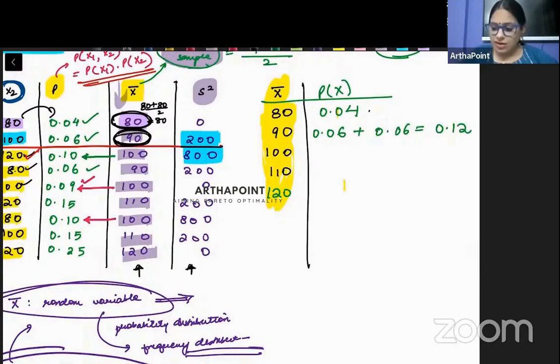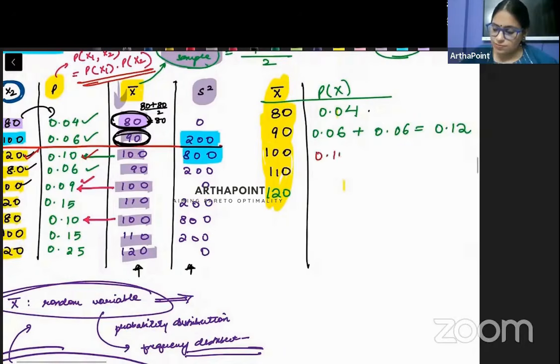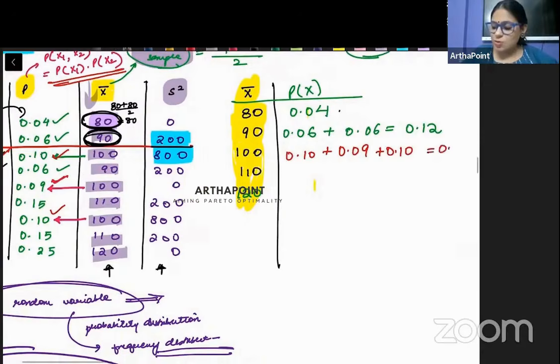The issue is with 100. With 100, I see 0.10, but I see 0.09 here, and then again 0.10. So this gives me the answer as 0.29. For 110, it's the same. I see the same number twice.